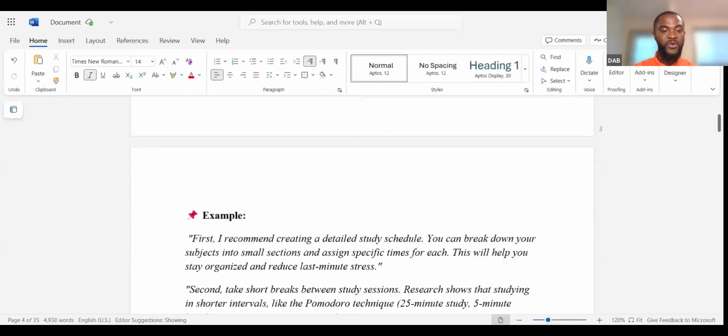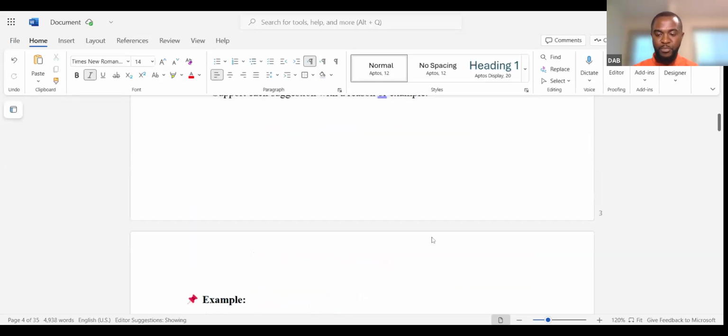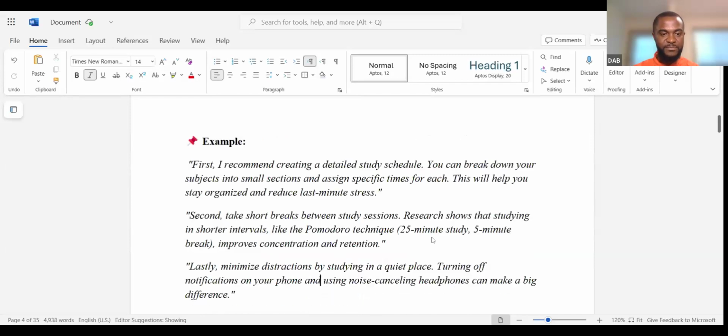For example, first, I recommend creating a detailed study schedule. You can break down your subject into small sections and assign specific times for each. This will help you stay organized and reduce last minute stress. If you study this one carefully, you know that the person's advice has been put into paragraphs.